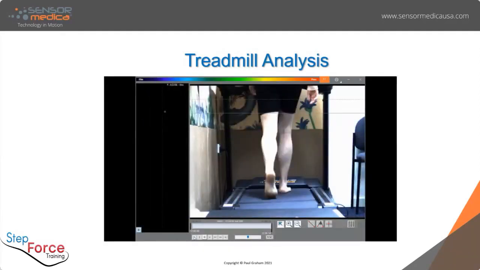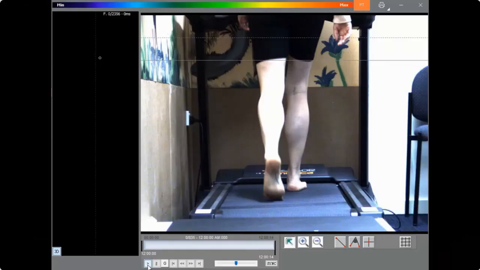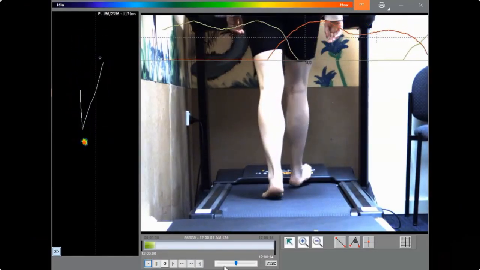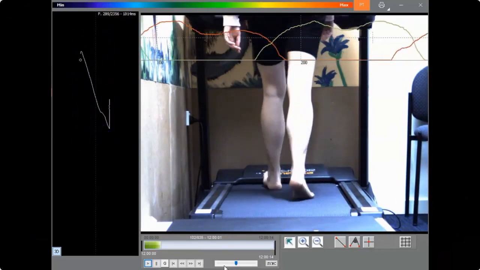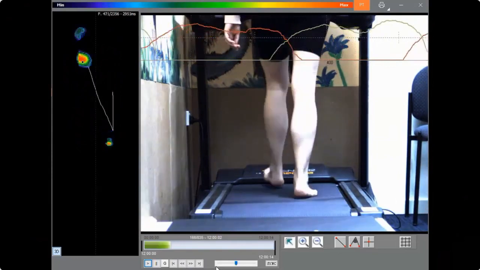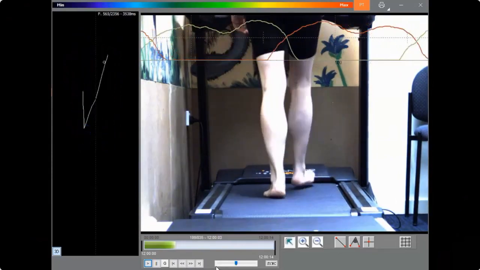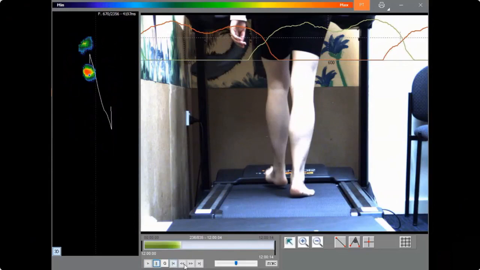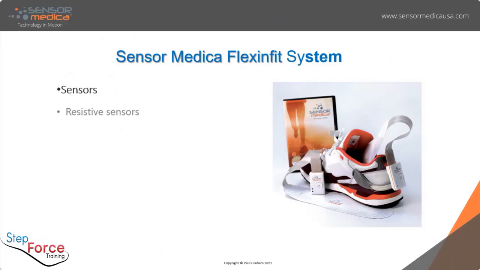Of course, we can use video, and we can draw lines on the video, we can do analysis, we can look at the pressure versus time graphs coming across. All of this information is objective, giving you key information to know what you're going to base your work on.